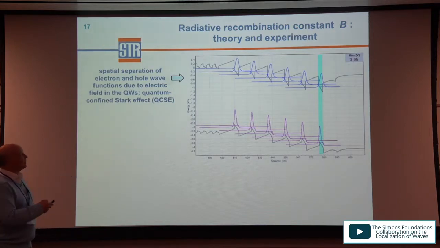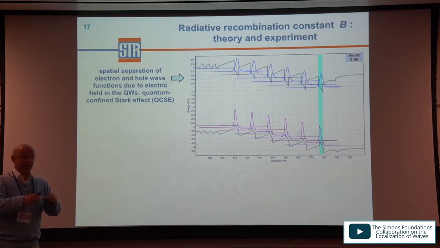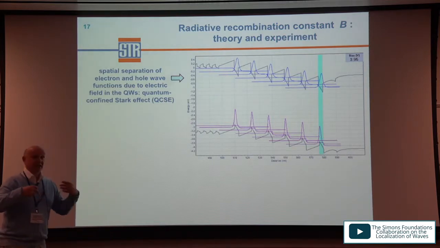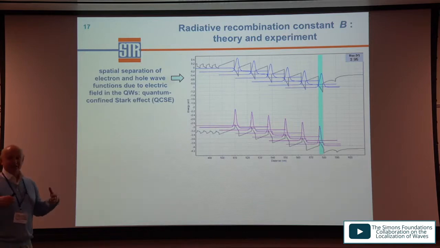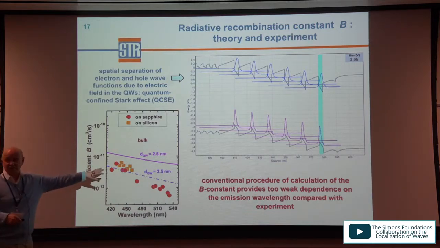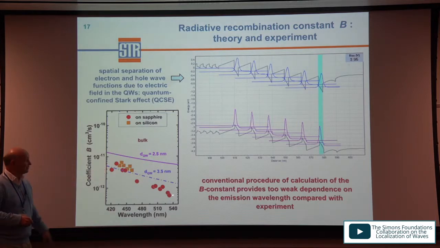We should calculate the wave functions in the LED structure, the overlap integral, and use the momentum conservation law in the radiative recombination, and sum over all the momenta involved in the transitions. This produces such curves for quantum wells of different thicknesses. At first insight, there is very good correspondence in the value of the radiative recombination coefficient, but the slope is very different.